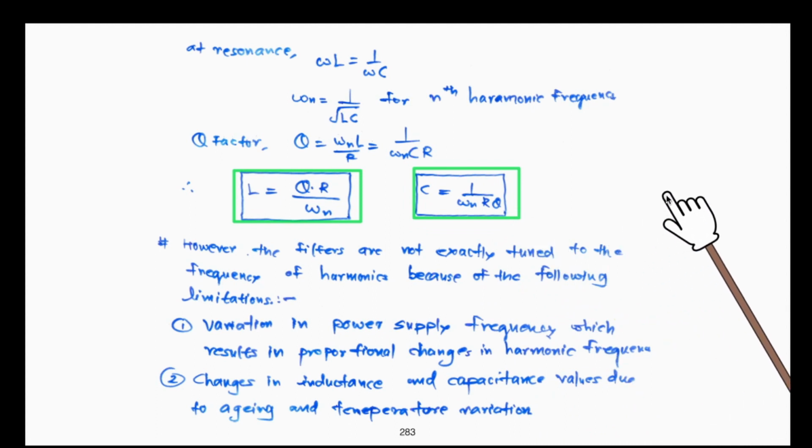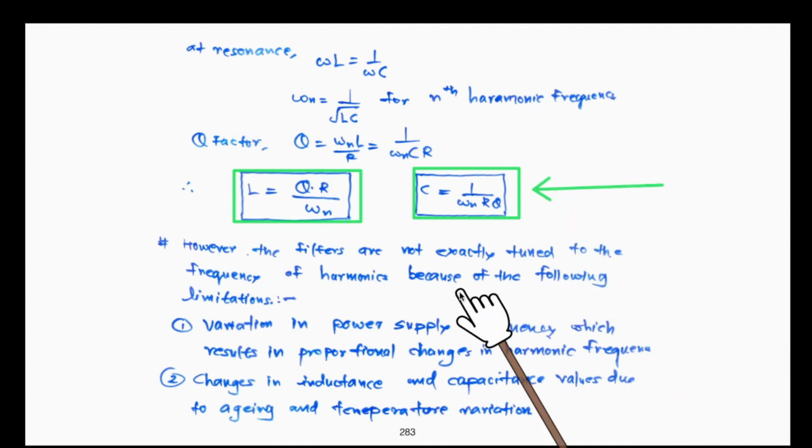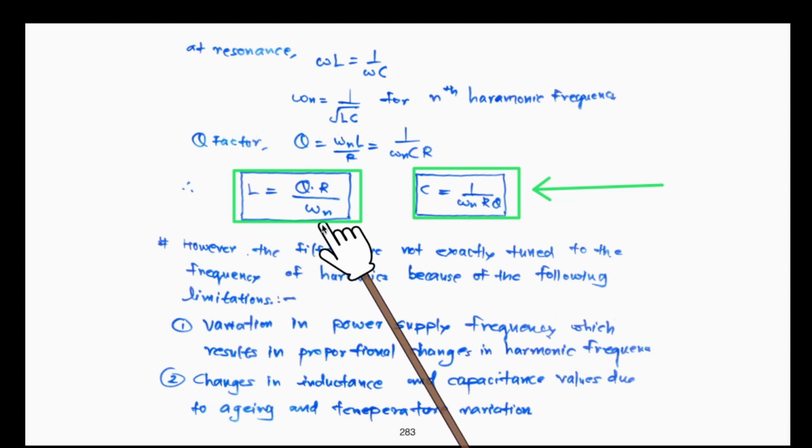So what do these two equations suggest? They suggest that the filter inductance and the filter capacitance depend upon the Q factor, the resistance of the filter, and omega n.